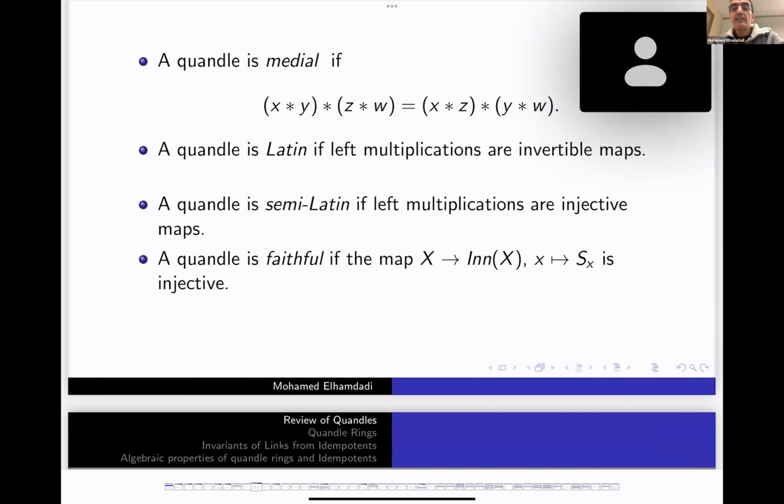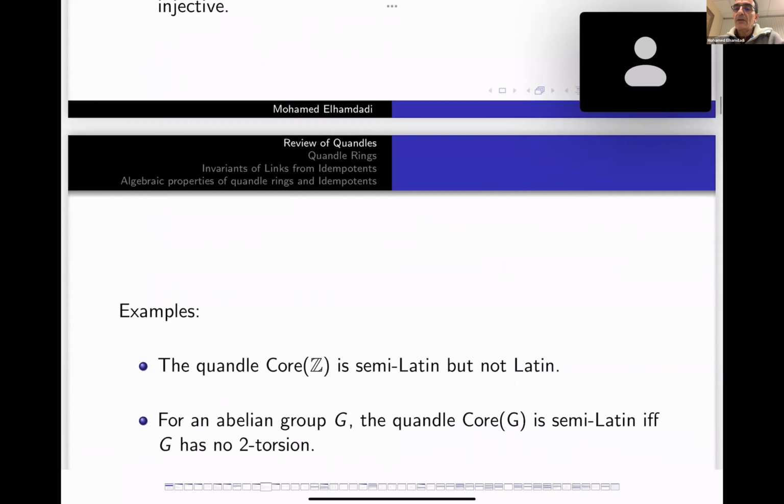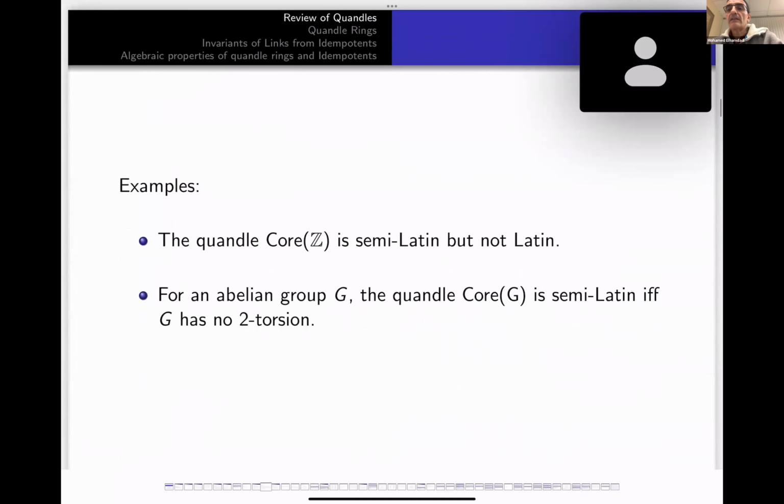Right distributive property is equivalent to this map being a quandle homomorphism from X to Inn(X) with conjugation. Some examples of semi-Latin and Latin: if you take the core quandle of the infinite cyclic group Z, it is semi-Latin, but it's not Latin.